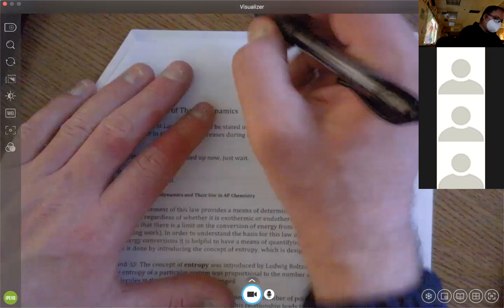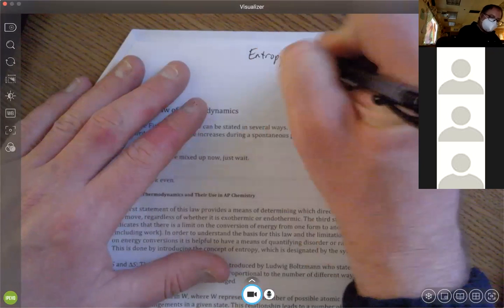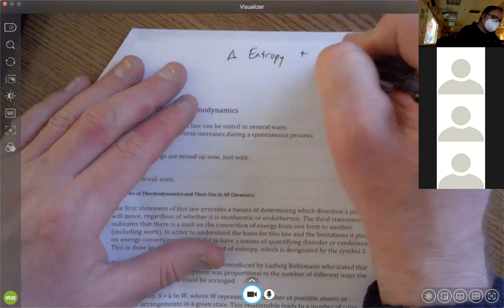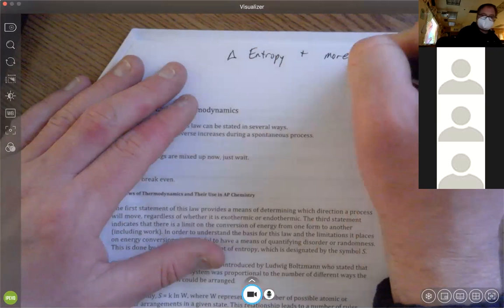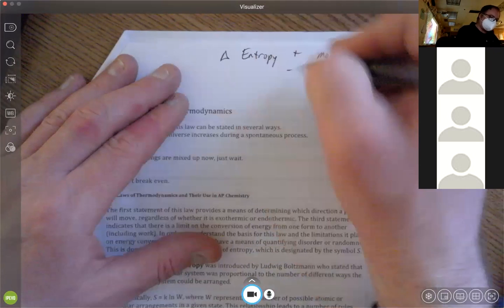If entropy change is positive, that means it's more random, which the universe tends to go towards. And if it's negative, it is less random.